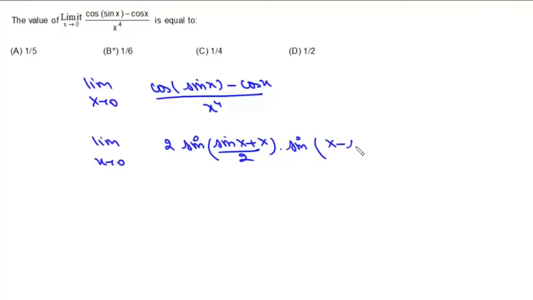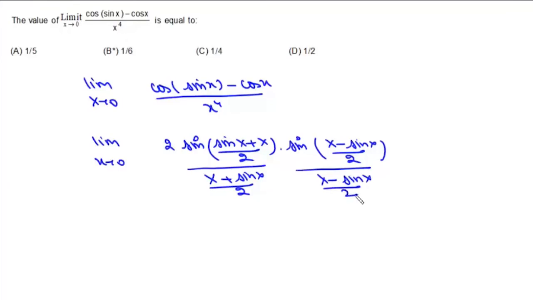So there will be sin x minus sin x by 2. Now what we'll do is, since it is sin 0 and sin 0, we'll multiply and divide it with x plus sin x by 2 and x minus sin x by 2.